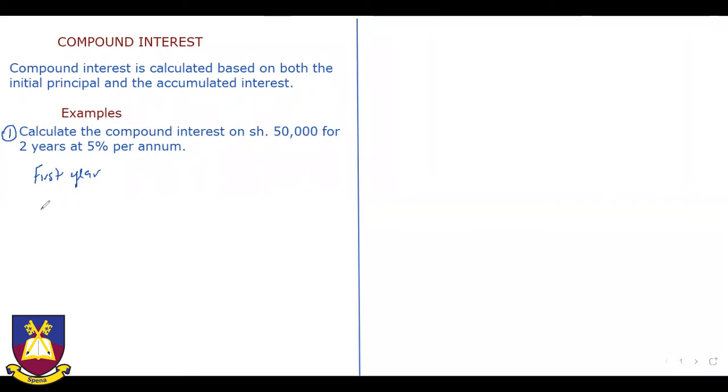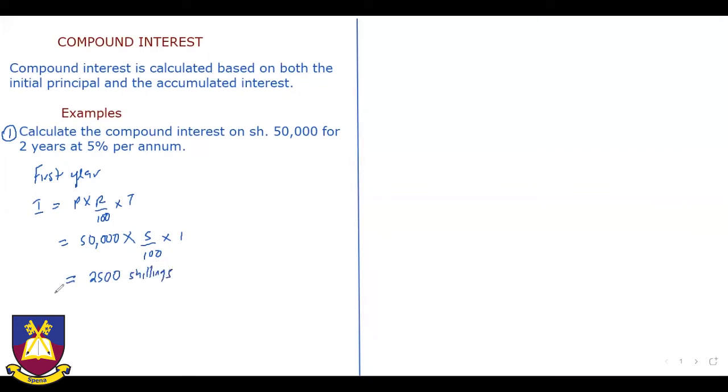In the first year, we have interest using the same formula: principal times rate out of 100 times time. The principal is 50,000. The rate is 5 out of 100. The time is 1. That gives us an interest of 2,500 shillings.